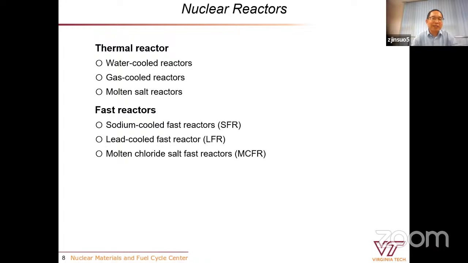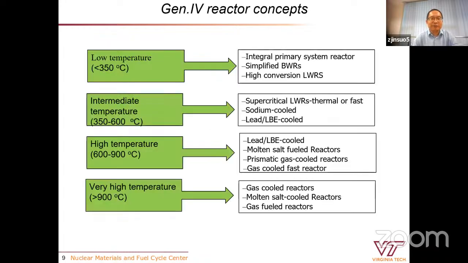So we have fast reactors, the sodium-cooled fast reactor and the lead-cooled fast reactor. And also we have a concept of molten salt fuel fast reactor. It's a molten chloride salt fast reactor. That is a concept of a company called TerraPower. So they use chloride salt.